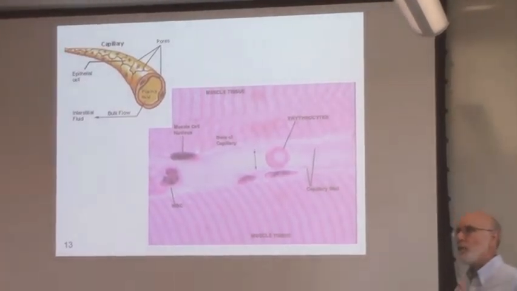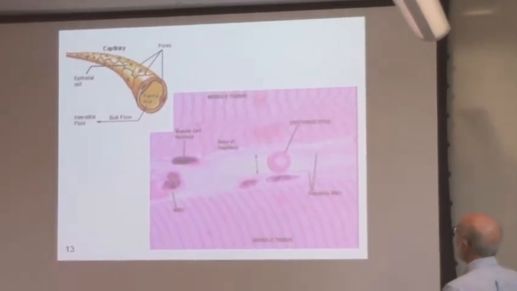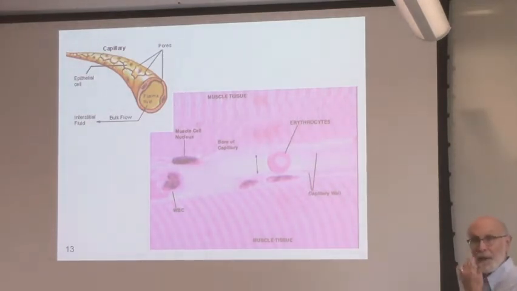We're past the arterioles, we're into the capillaries. Here is a capillary. Here is a blood cell, a red blood cell, in the capillary. So you can see the capillary diameter is about the same as the diameter of a cell, right? This is tiny. And the blood is moving very slowly, allowing for gas and nutrient exchange.